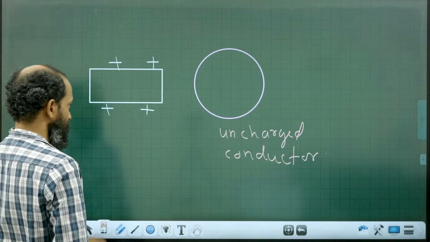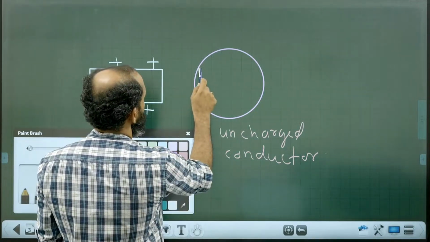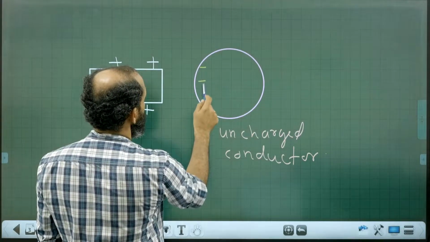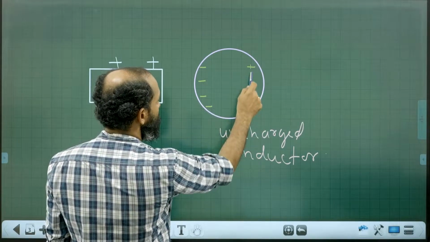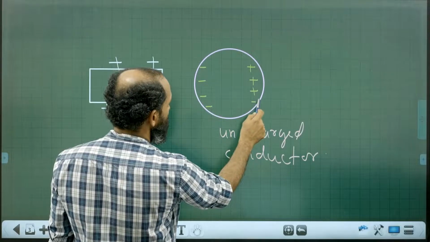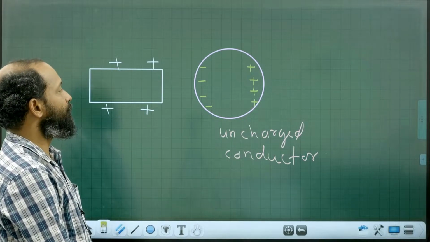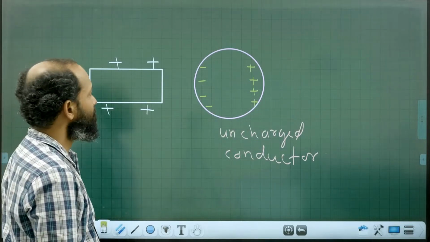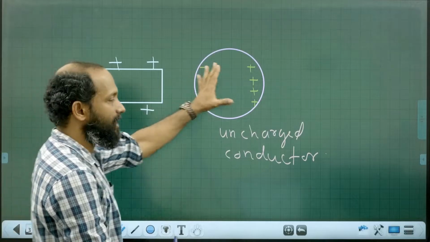What happens? Equal and opposite charges are accumulated near, and equal and same charges accumulated farther. This is the process of electrostatic induction as it is happening in a conductor.